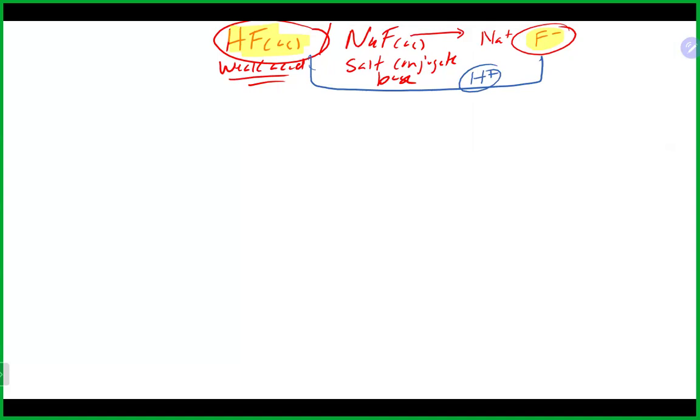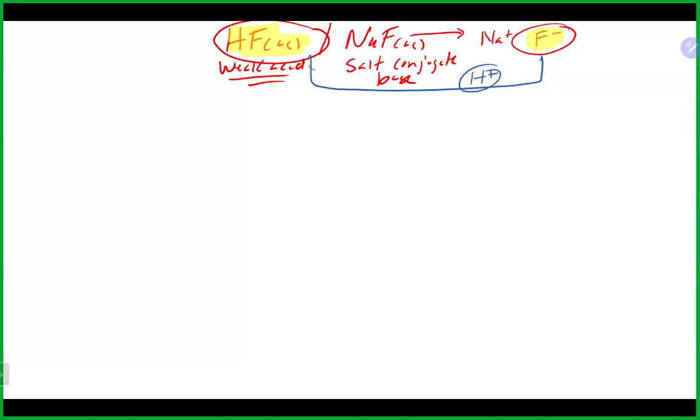So if you're trying to decide, can this thing be a buffer? The first thing you want to determine is, is it a weak acid or weak base? If the answer is yes, the second thing you want to make sure is that its conjugate partner differs only by basically an H plus. Those are two things you want to look at.